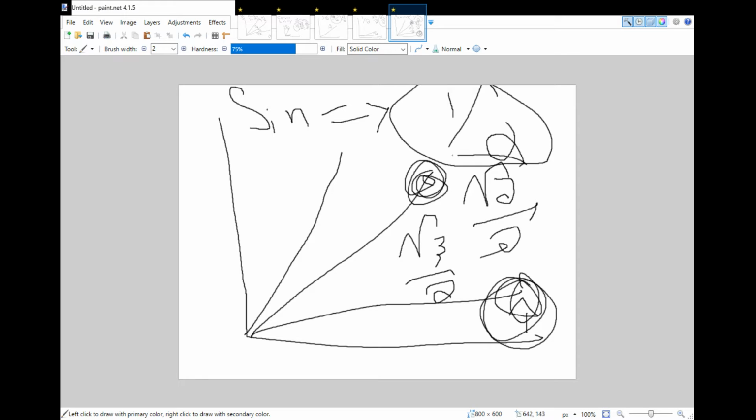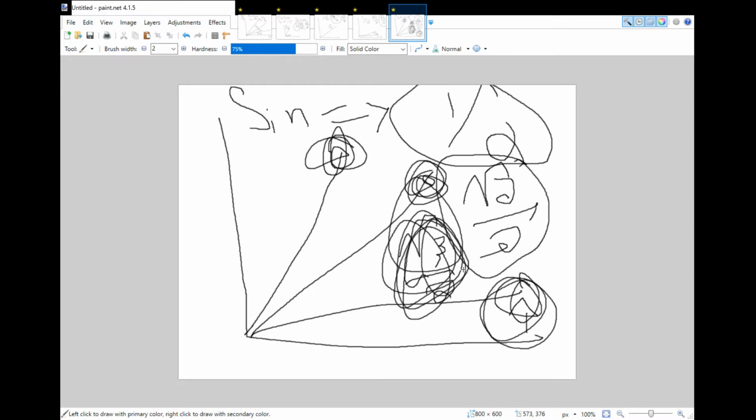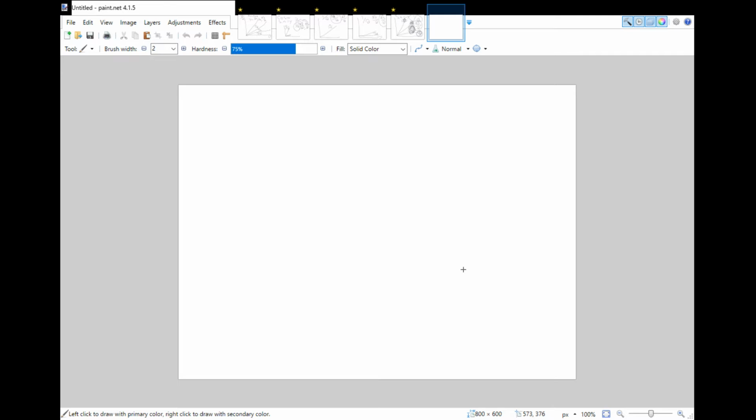Pi over 4 is going to be root 2 over 2 due to its middle distance. And pi over 3 is going to be root 3 over 2 due to its largest distance. Now, it gets a little tricky with tangent and cotangent, because they're kind of weird.